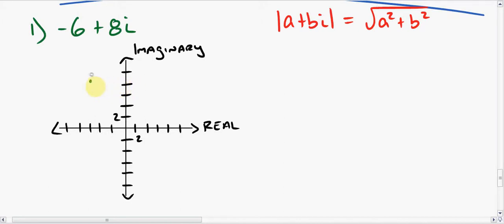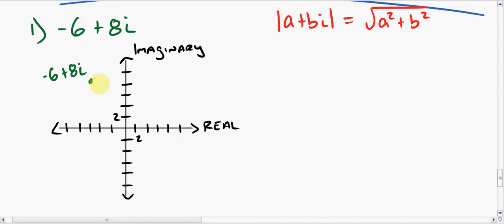Alright, so my point is right there. And this is -6 plus 8i. So -6 moves us -6 on the real axis. 8 moves us up +8 on the imaginary axis. And there's your point. And that's it. That's how we plot complex numbers.